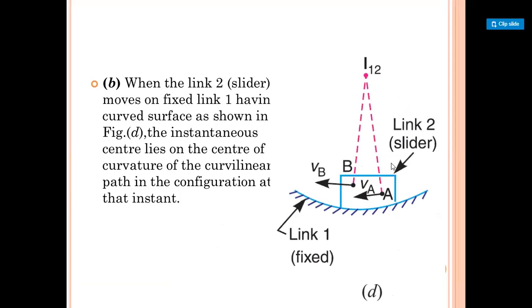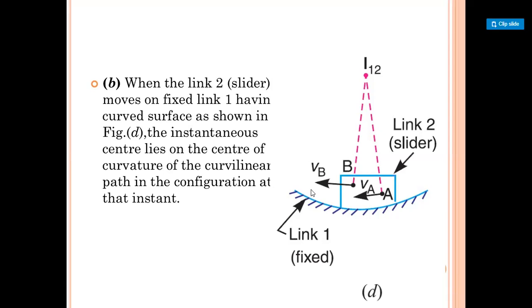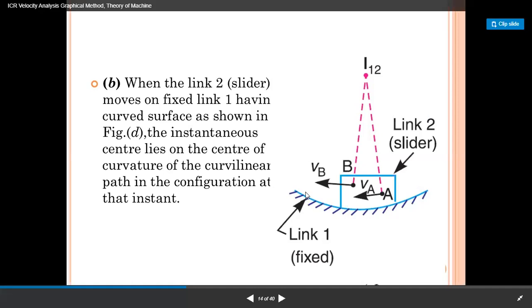When link 2 moves on a fixed link 1 having a curved surface, then the instantaneous center lies on the center of curvature of the path in the configuration at that instant, right? Meaning a slider sliding on a curved path. The curved path can be different. Suppose you have a circle, and the slider slides on the inside of the circle.